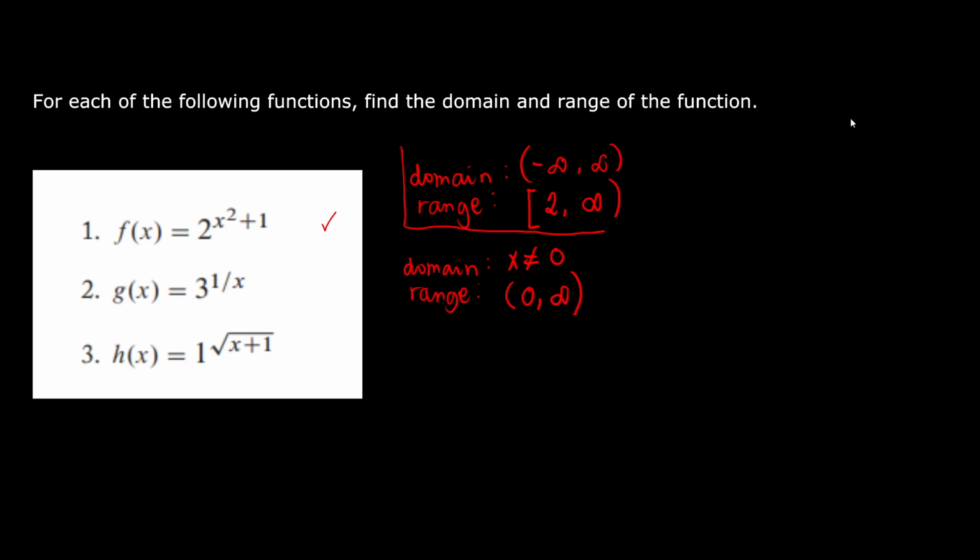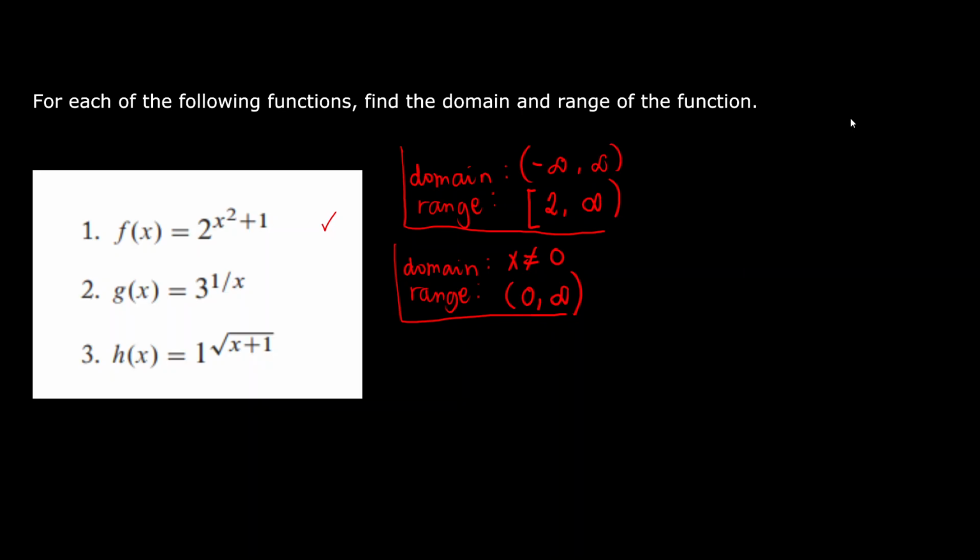H of x naman tayo. Okay, square root of x plus 1. Ang hindi lang naman pwede dyan is negative 1. Diba? And hindi rin pwede ang negative 2, negative 3. Ay, hindi.